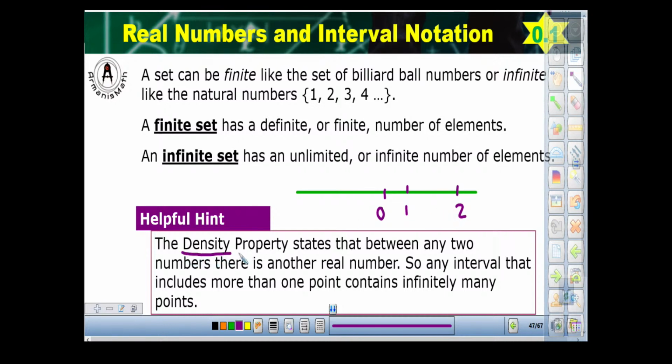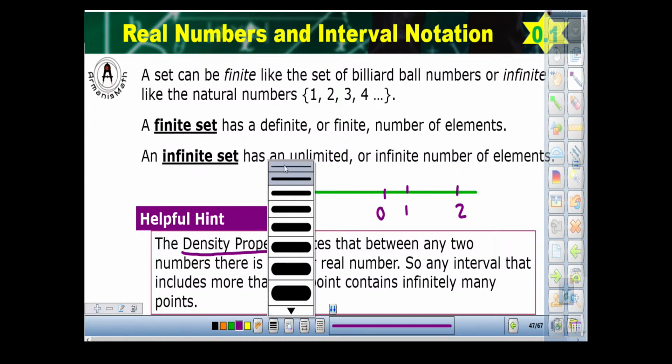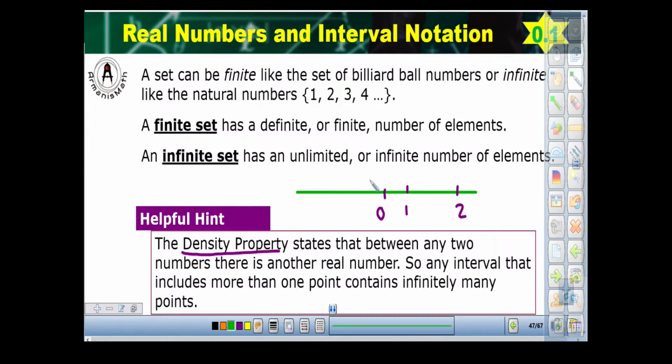According to the density property, there's a lot, because you could say, over here for example, 1.1, and some of your friends might say, there's also more than just 1.1. Right before 1.1 I could have 1.01.